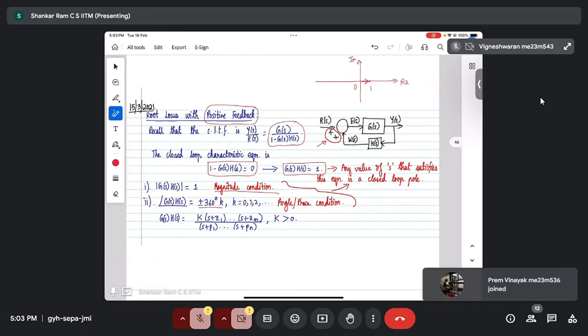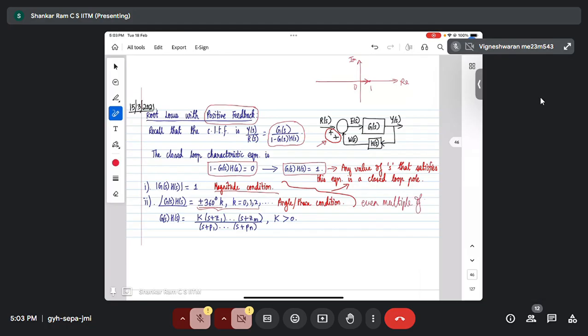So now it becomes an even multiple of pi, or an even multiple of 180 degrees. That's how we should interpret this angle or phase condition. Please note that any value of s which satisfies the open loop transfer function magnitude being equal to 1 and the phase of the open loop transfer function being an even multiple of 180 degrees is a closed loop pole.